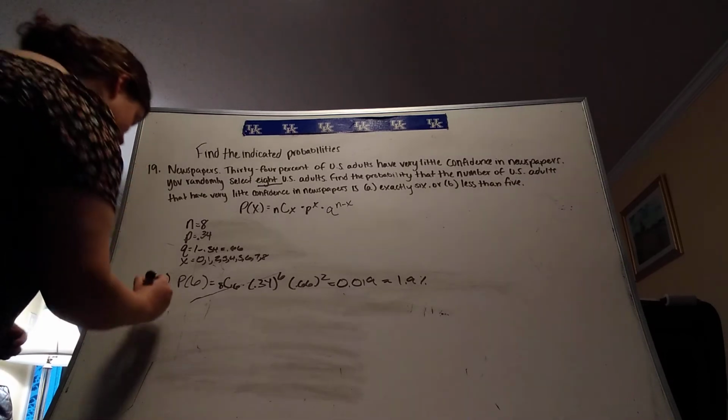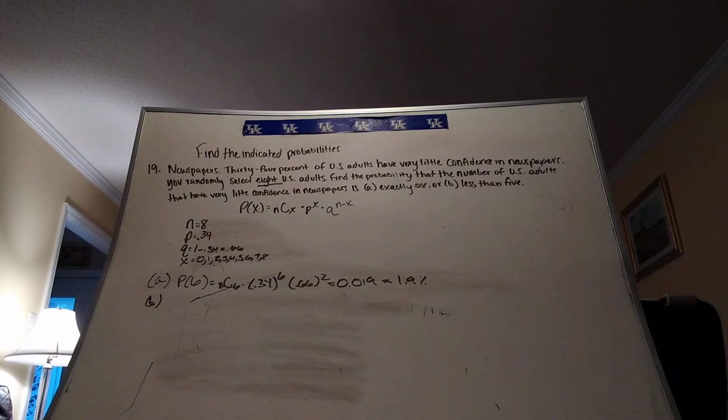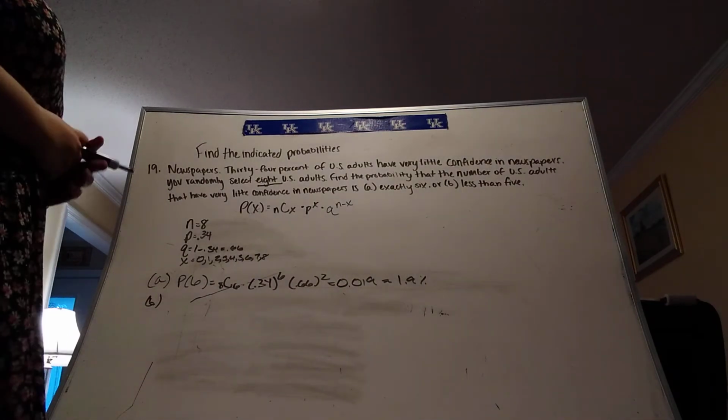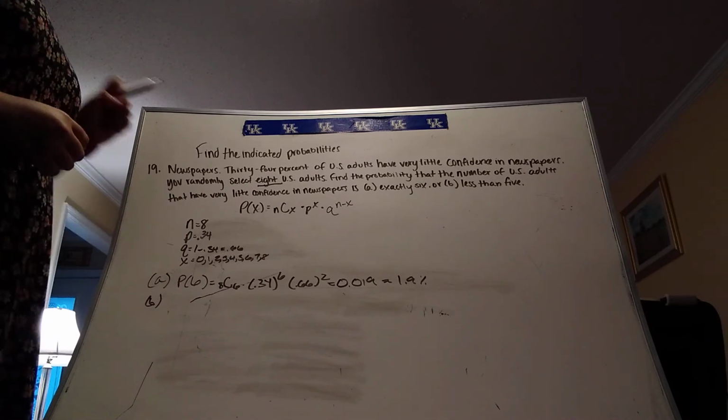Now, number 6 was an easy one. Part B, you have to do more equations because you need values less than 5. So you need 0 all the way to 4.